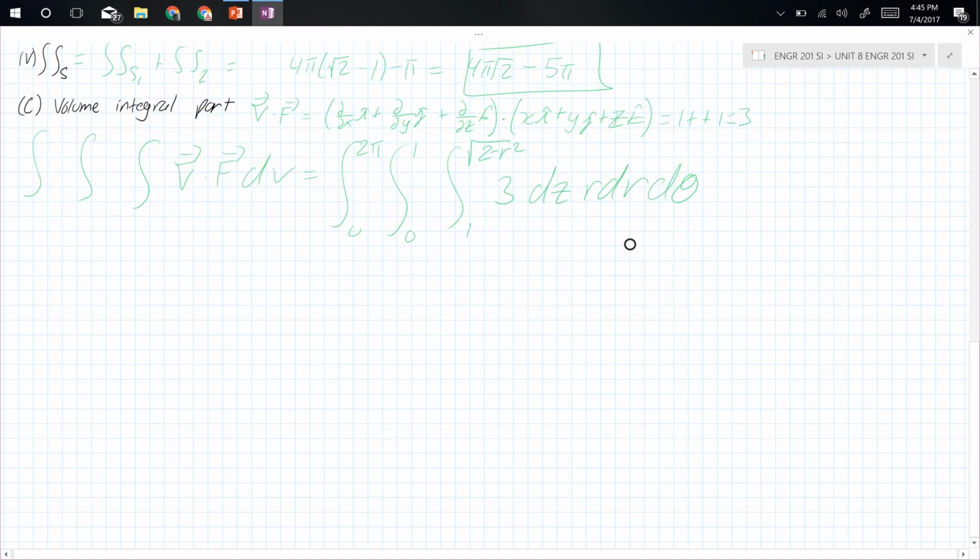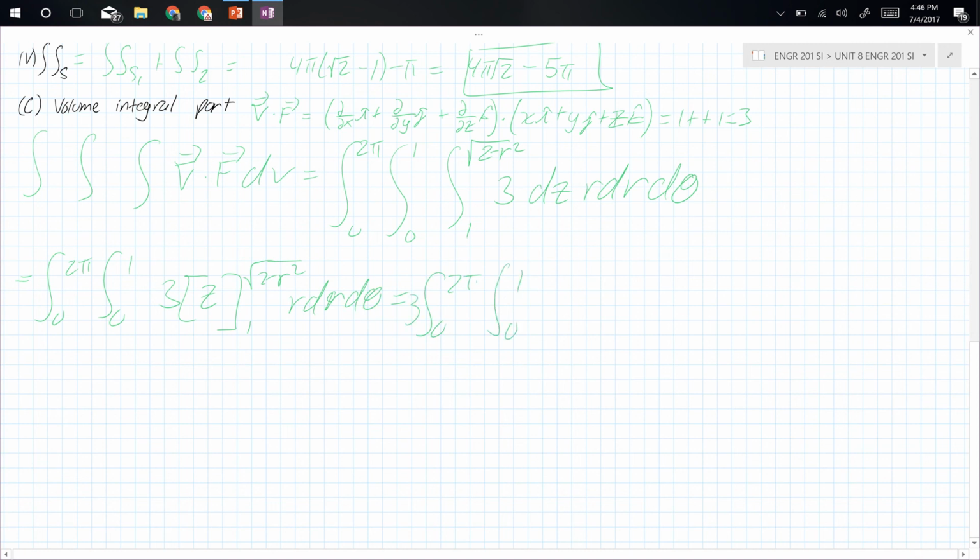So now we're going to go ahead and integrate z. It's going to be 3 times z from 1 to square root of 2 minus r squared, r dr d theta, which equals, from 0 to 2 pi, 0 to 1.